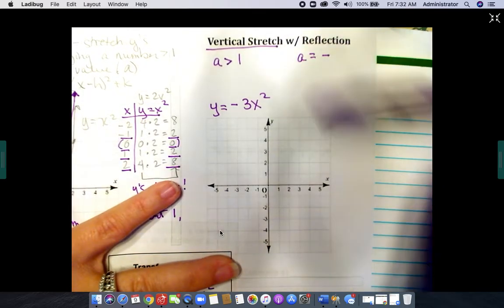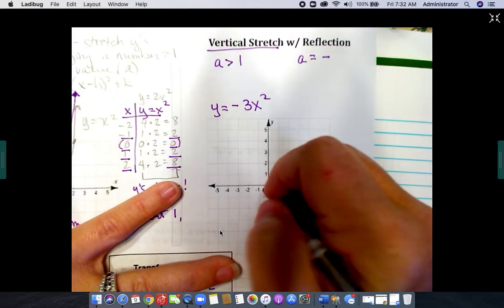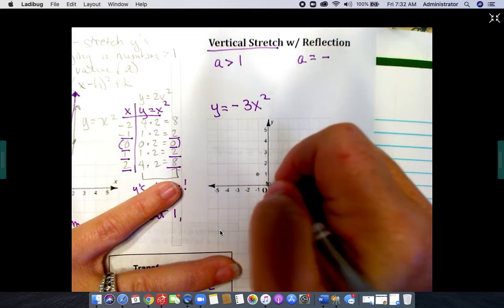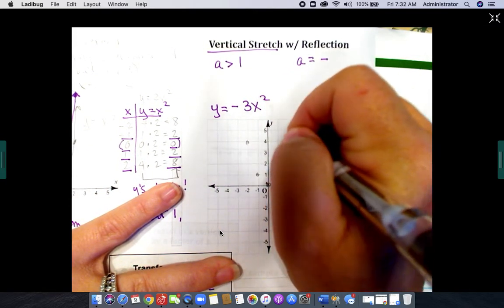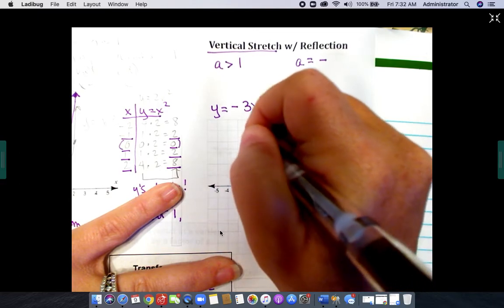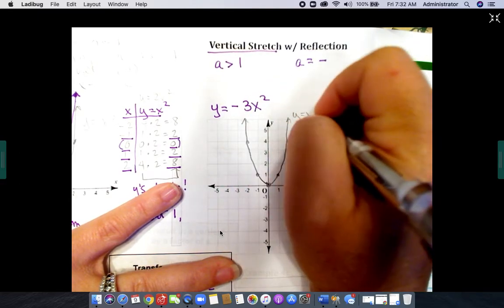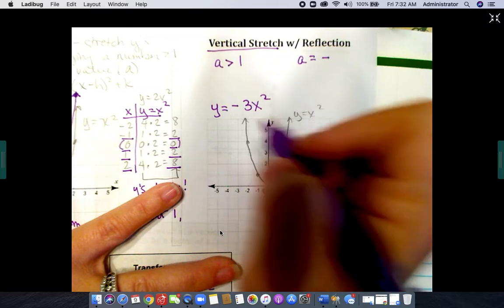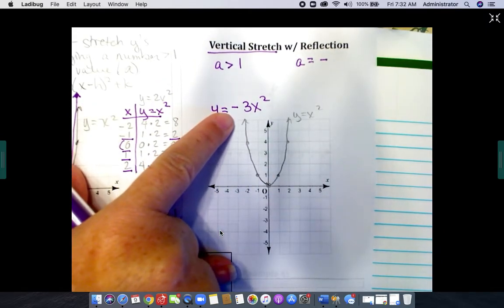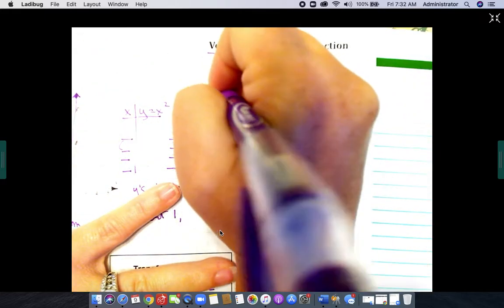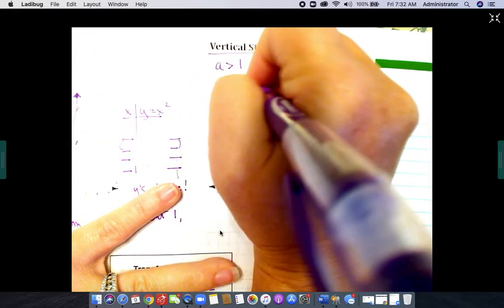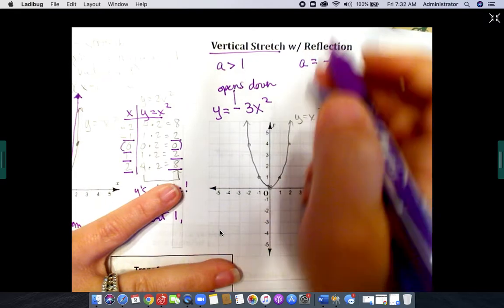Think about what it means if I have my original parent function, which we should do so much that we can graph it super fast. y equals x squared. If I want to graph this one, first of all, we should recognize that if it's negative, it's going to open down. So that is an x-axis reflection.